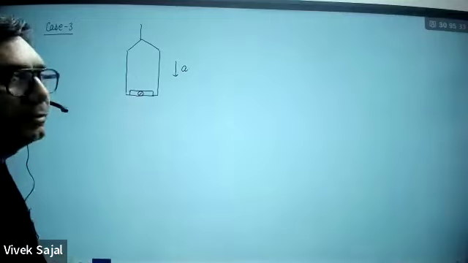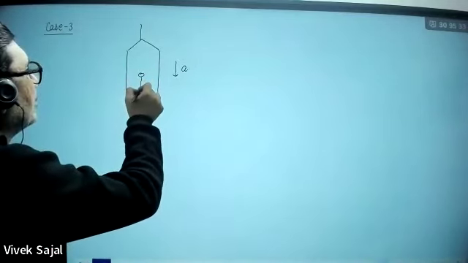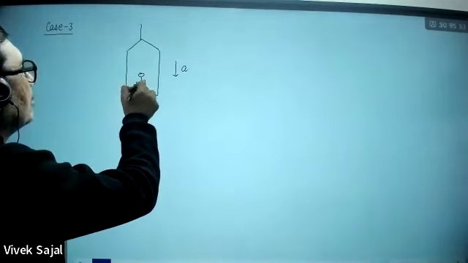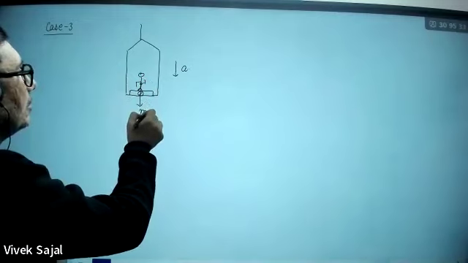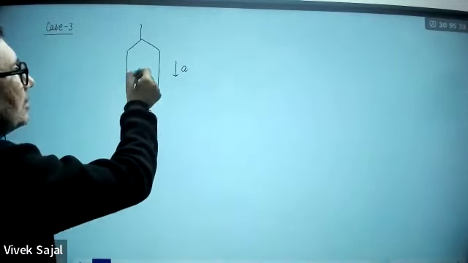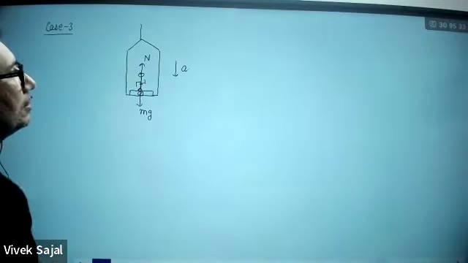Person is standing here. On this person, its weight is acting downward. And this weighing machine is exerting a normal reaction in the upward direction.